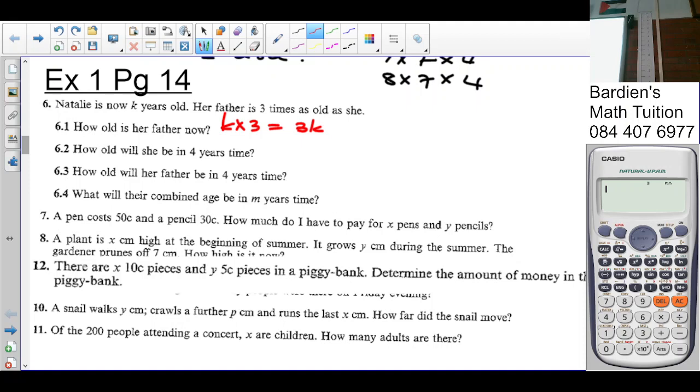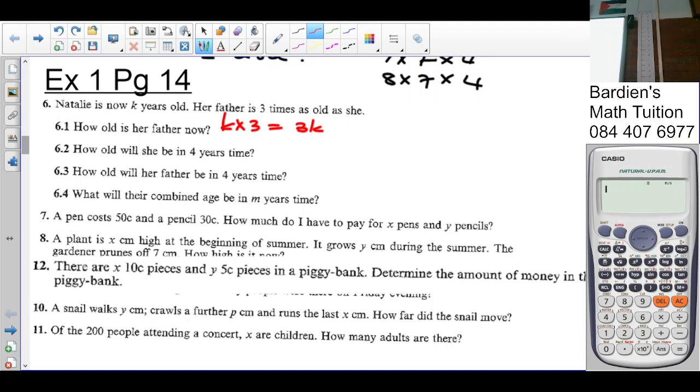But okay. In 6.2 they want to know how old will she be in 4 years' time? How old will Natalie be in 4 years' time? K times 4. K plus 4. Who says plus? Girlfriend, what do you have? Yes? I said K times 4.